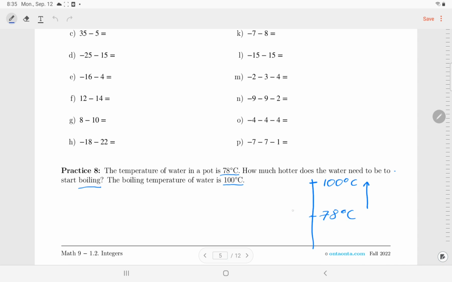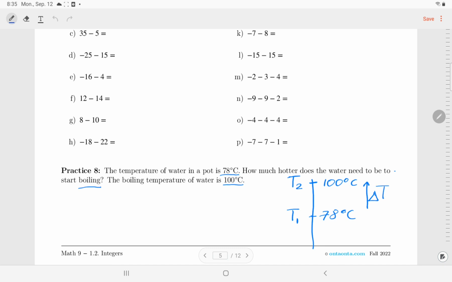So we have our initial temperature, T1. We have our final temperature, the temperature we want to reach. Let's call it T2. And we have to find how much we want to change the temperature. We can use a little triangle to represent change.